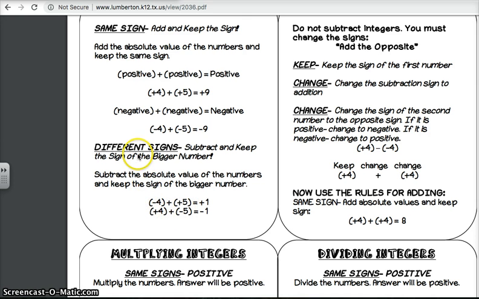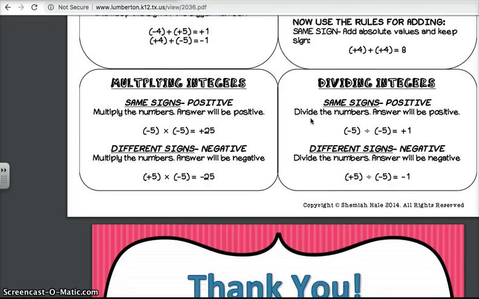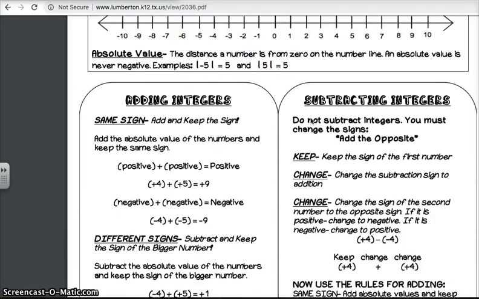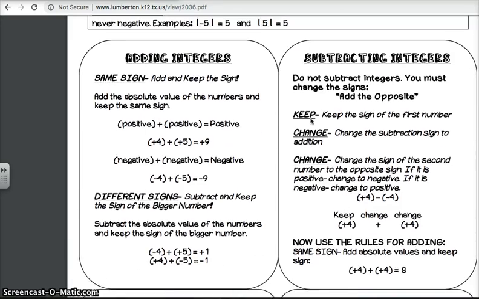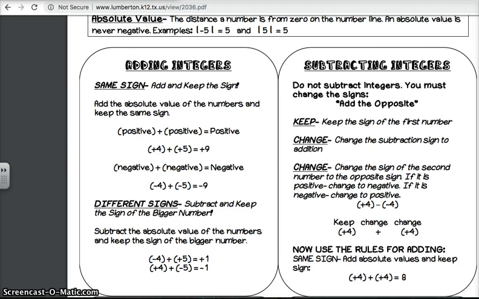What you'll do is subtract the two numbers and keep the sign of the bigger looking number. So negative 5 is bigger here, so your answer is going to be negative. Positive 5 is bigger here, so your answer is positive. And that just means like 5 is bigger than 4. Anyway, I'm going to post these rules and make sure that they're available for you to take a look at, and they'll be on Google Drive.